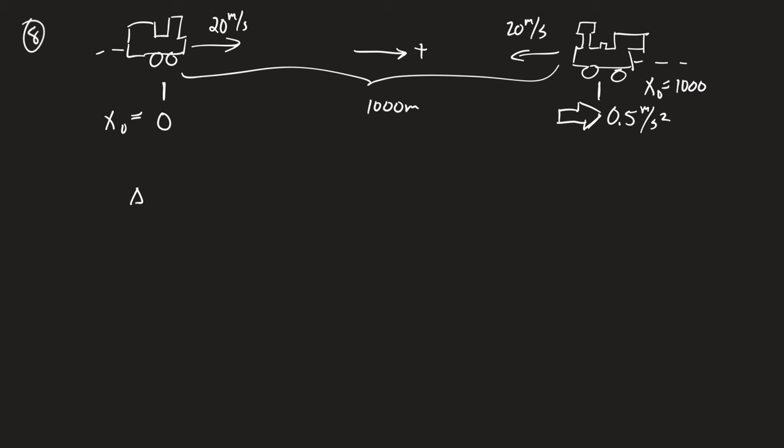Train 1: delta x, v naught, v, a, t. Train 2: delta x, v naught, v, a, t. It is important that we recognize the vector portions of this problem. But it's also important that we do one more thing.